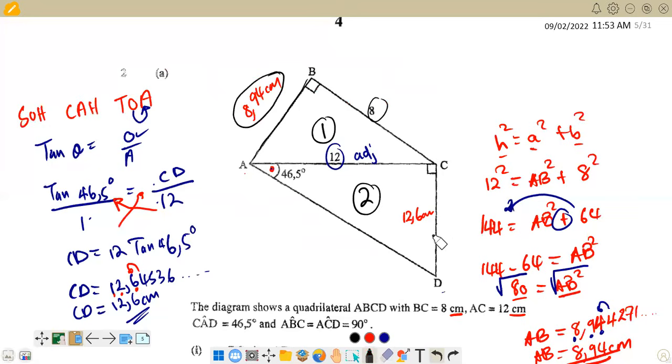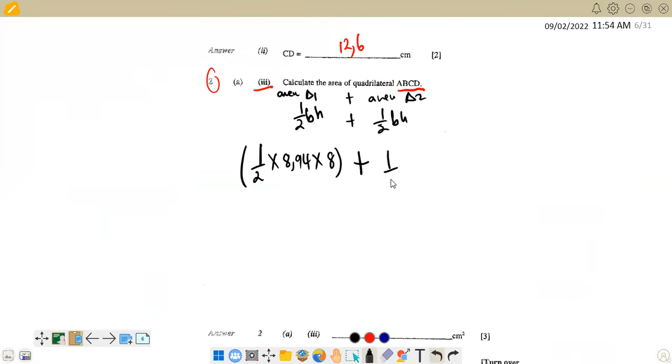Let's see our area here. This is where we've got our 90 degrees. So you can say this is our base and this is our height, because it must be at 90 degrees. As long as it's at 90 degrees, we've got 12,6 and 12. So it's going to be half of 12,6 times 12. That is our area there.